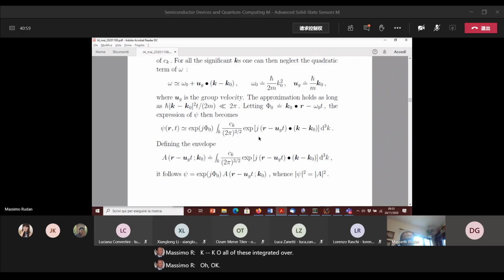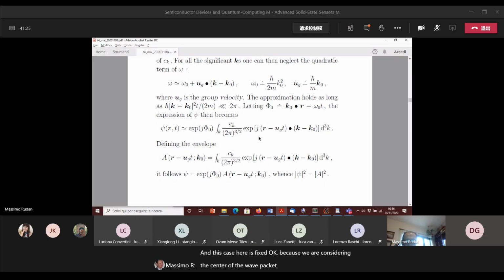Now you observe that the integral does not depend anymore on k because k is saturated. It will depend on k0, and this k0 is fixed, okay, because we are considering the center of the wave packet.